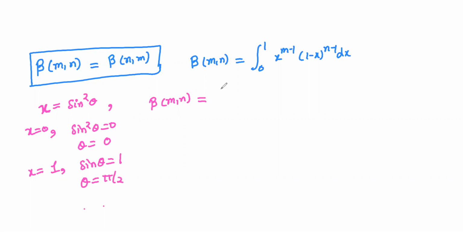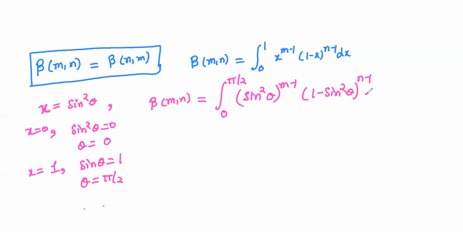So integration will be converted to 0 to pi by 2. Then x will be sine square theta, that power m minus 1, then 1 minus sine square theta, that power n minus 1, now dx.